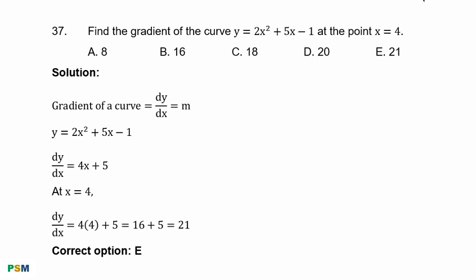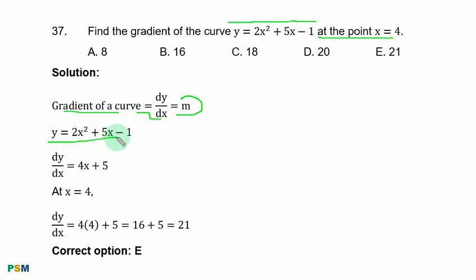Question 37. Find the gradient of the curve y equal to 2s squared plus 5s minus 1 at the point s equal to 4. Solution: gradient of a curve is equal to dy/ds, that is increment in y to increment in s, also denoted by m.